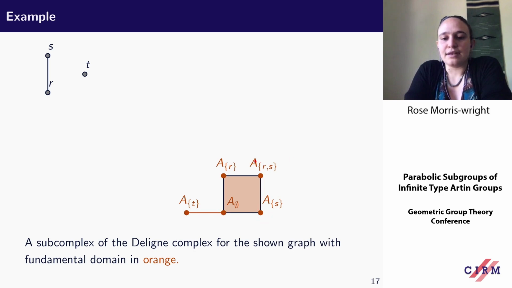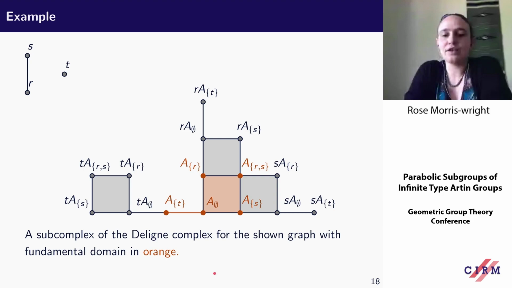The group generated by S is included in the group generated by R and S, etc. And then you multiply by the cosets, and you get this little cube and edge flag picture, translated all around. So here's an S translate, here's an R translate, here's a T translate. You'll get the TS translate over here, and it will extend in all directions. It's definitely an infinite diameter complex. So that's how the Deligne complex works.